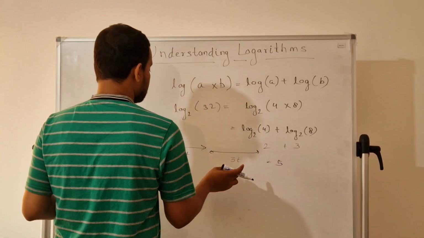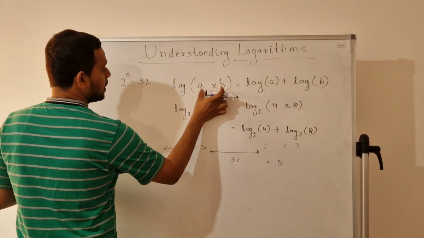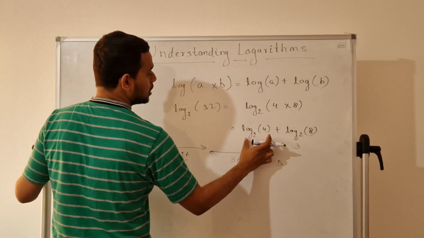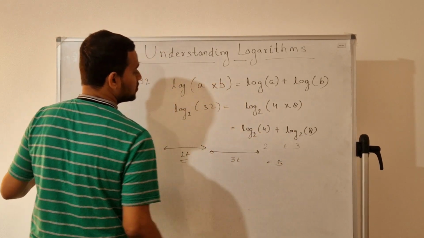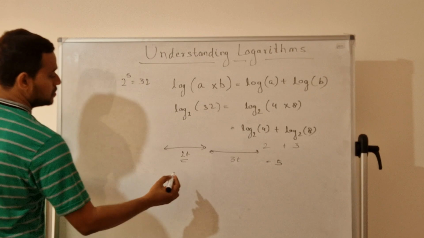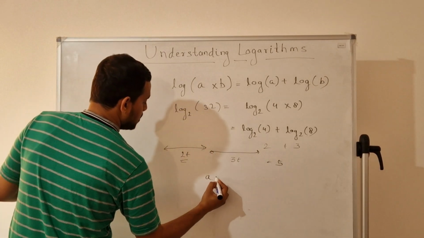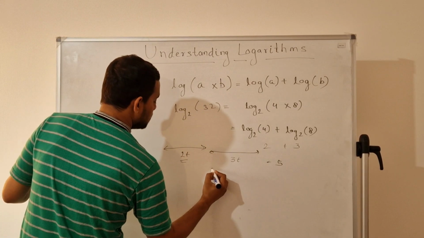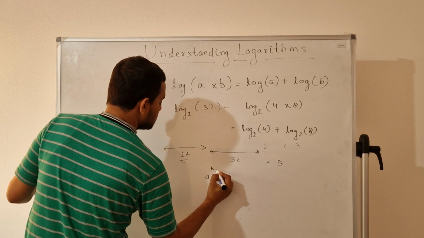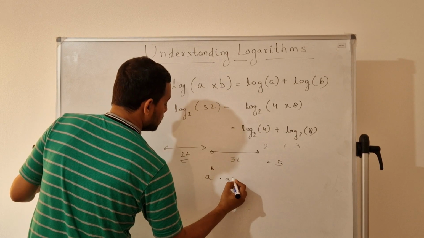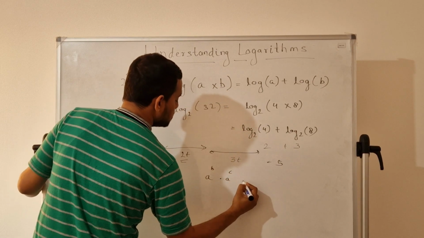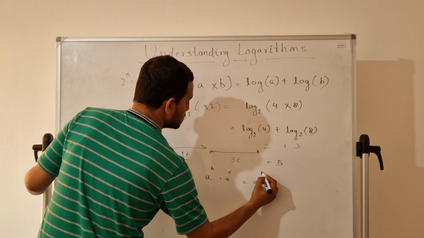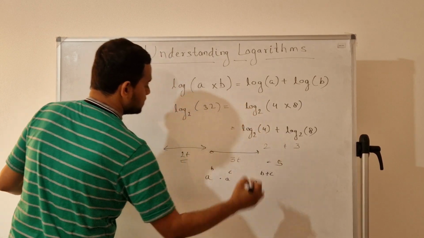So what's happening is, whatever we were multiplying here, in logarithms we sum those numbers. It's similar to a raised to the power b times a raised to the power c is equal to a raised to the power b plus c.